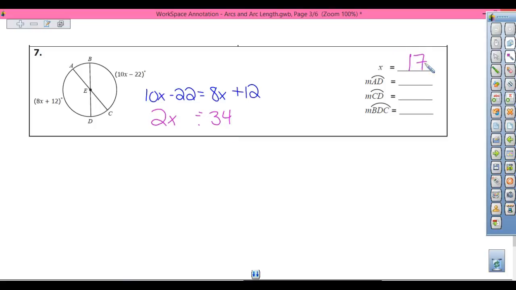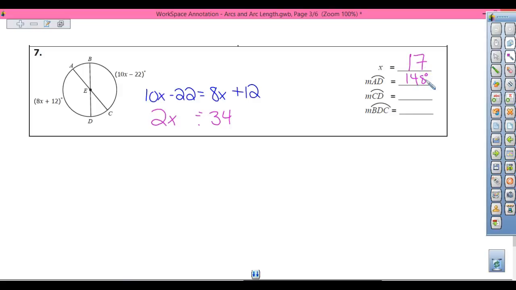Alright, so if x is 17, how am I going to find AD? Plug it in for x. So 8 times 17 plus 12. Come on. Somebody with a calculator help me out. What is it? 148.